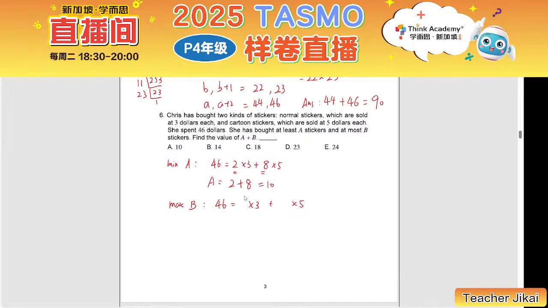So we just take 2 $5 here, and yeah, 36 is the largest one, which is a multiple of 3. So here 12 times 3. So after it, we know B here is 12 $3 plus 2 $5 will give you a 14. So A plus B, it is just this 10 plus 14 will give you 24 here. Yeah, we know E here is the correct answer.